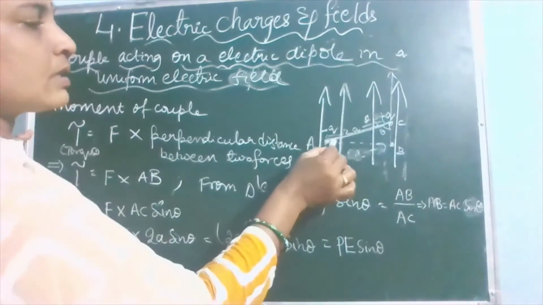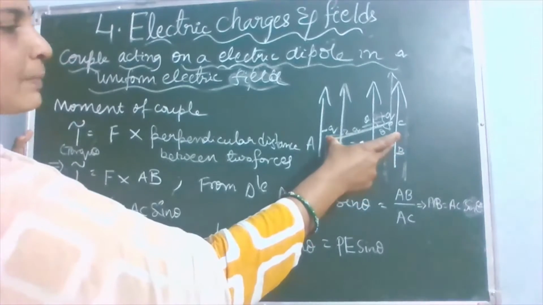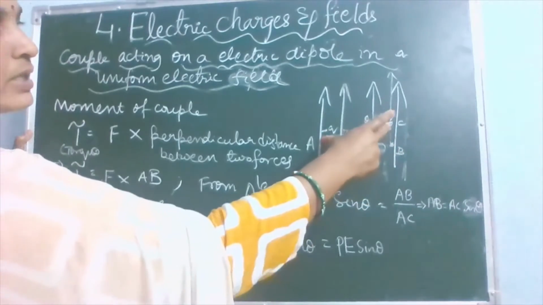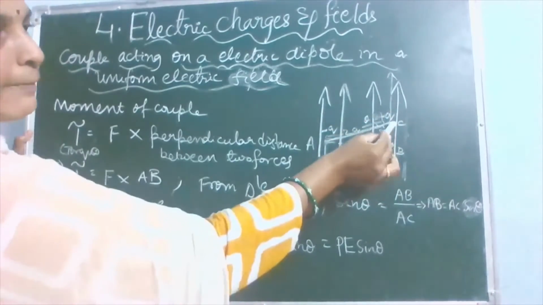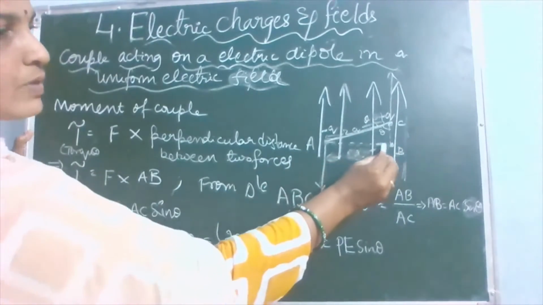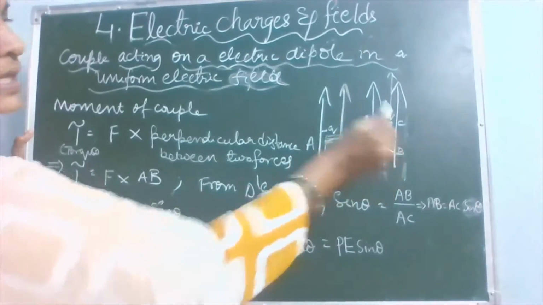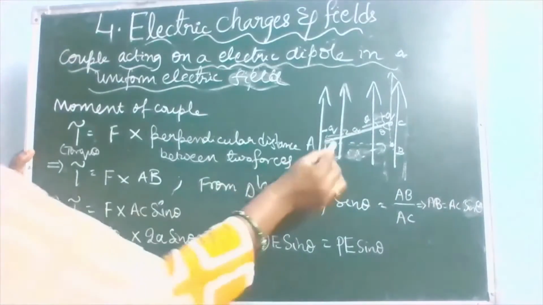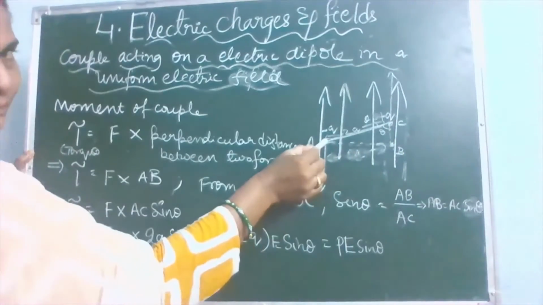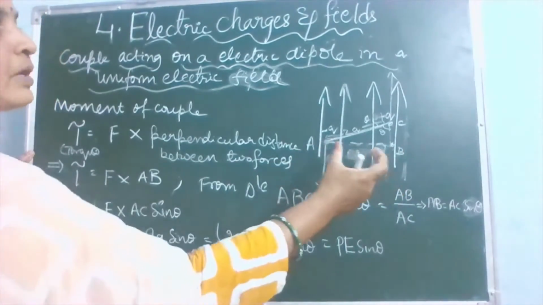This is the dipole and this is the perpendicular distance. For our convenience we have taken it like this, which forms a triangle ABC, where AC is the dipole. So this is the perpendicular distance between these two forces.